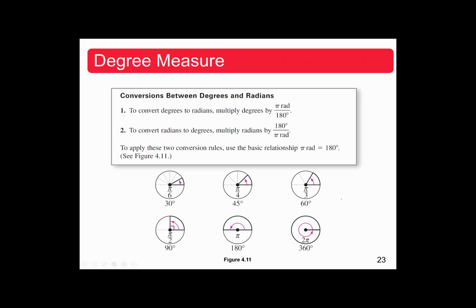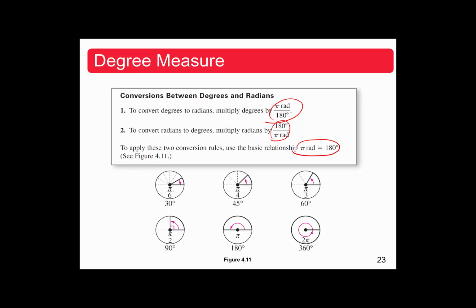Now to convert degree measurement to radian measurement, multiply degrees by pi over 180 degrees. To convert radians to degrees, multiply radians by 180 degrees over pi. I'm going to show you another method in a bit, but definitely this is a simple conversion formula. We need pi radians equal to 180 degrees.